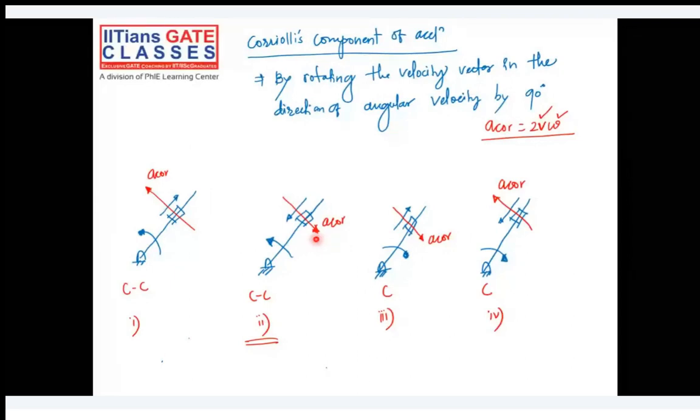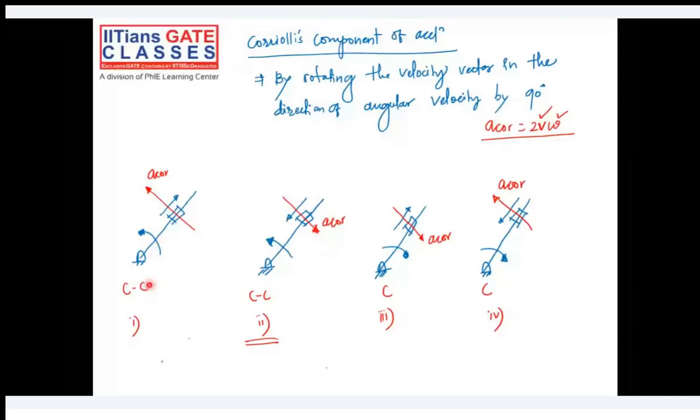Yeah. Okay, so you have to focus on omega, whether omega is counterclockwise or clockwise. I'll give one more example here. Look at this last example, case number 4. Here we have omega in the clockwise direction, just opposite of case 2. So this is the direction of the velocity of the slider. We are rotating the velocity vector in the direction of angular velocity, and the angular velocity's direction is clockwise.